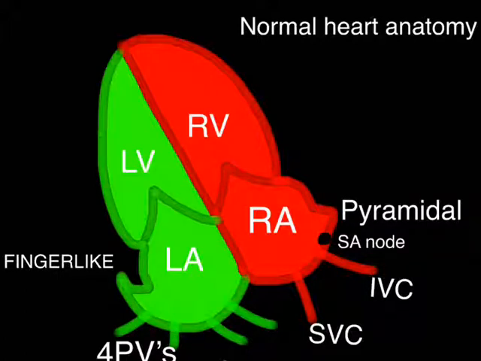There are two connections to the right atrium, the inferior vena cava and superior vena cava. On the left side, there are two chambers, left ventricle and left atrium. There are four connections to the left atrium, those are four pulmonary veins. In the right atrium, there is the SA node.